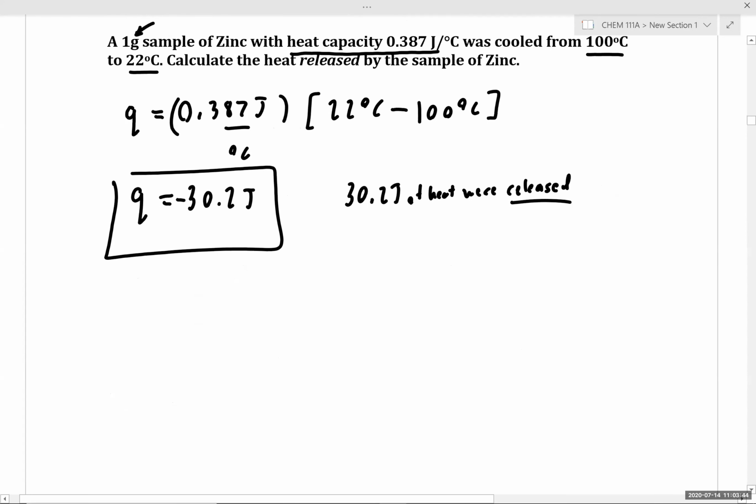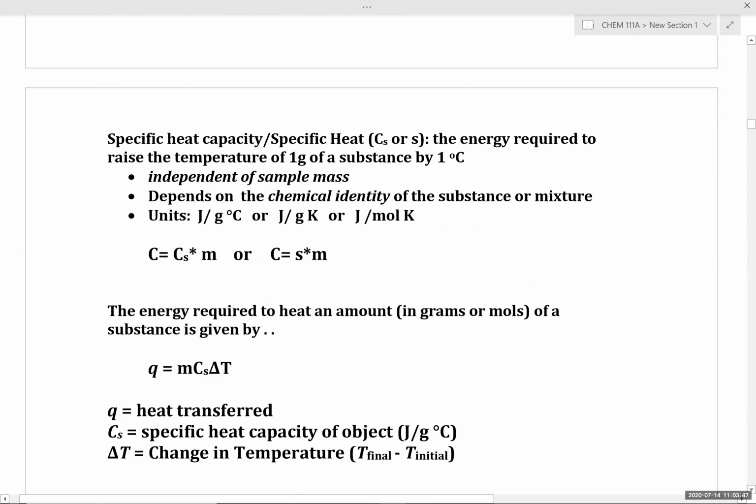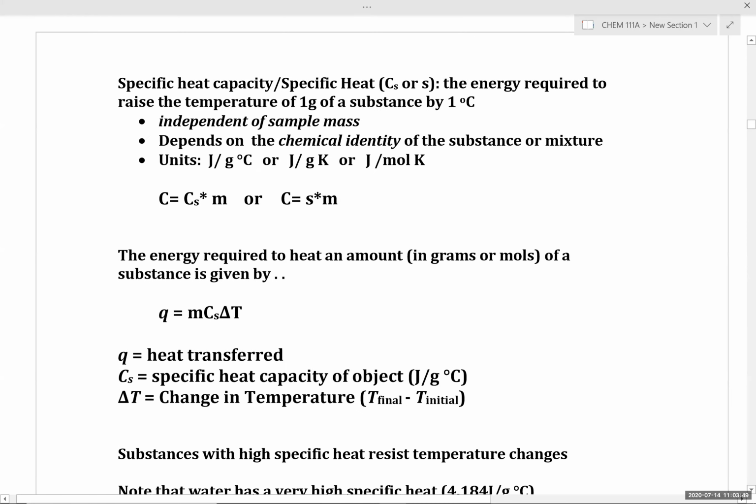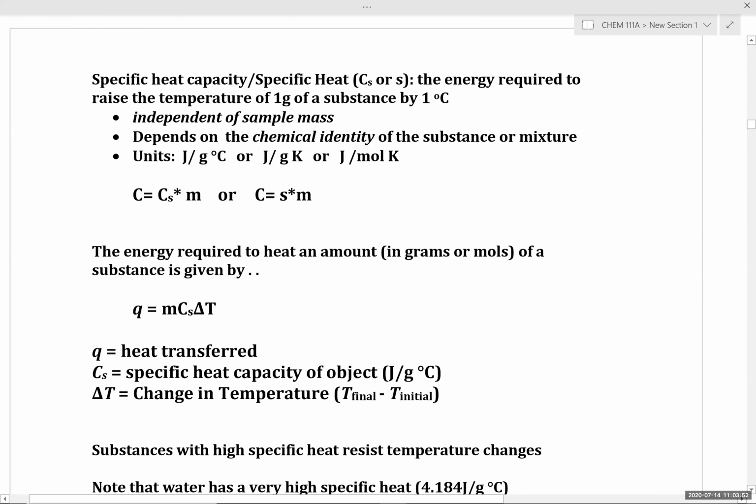Okay, so let's keep going now. Now, specific heat is a slightly different way of expressing how a sample can absorb or release heat and what happens to the sample when it absorbs or releases heat. So specific heat capacity, otherwise known as specific heat, it can either be written as CS or S. And specific heat capacity is the energy required to raise the temperature of 1 gram of a substance by 1 degree Celsius.